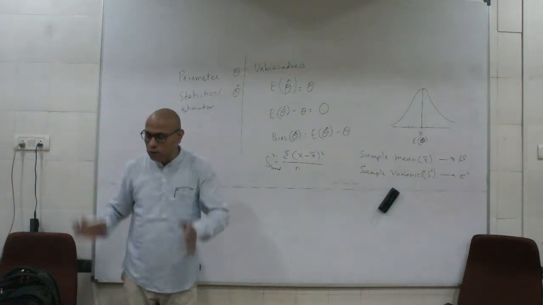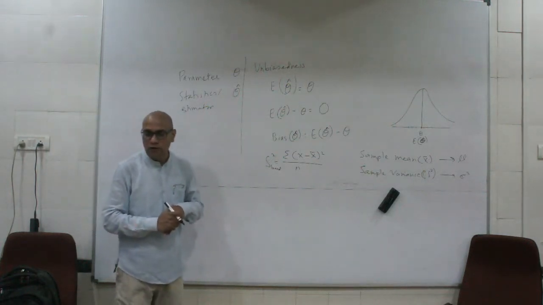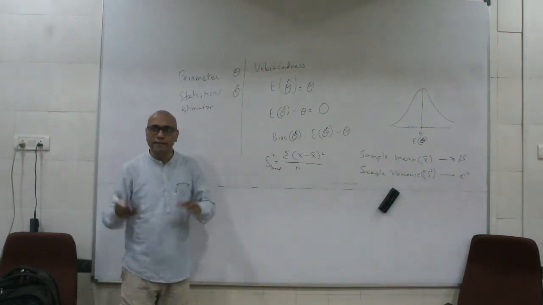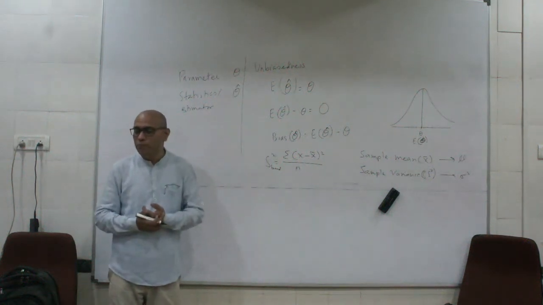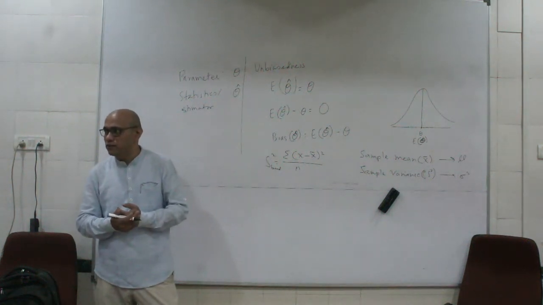Now, I'm not working out the proof of the magnitude. How do I get the bias of it? But I can compute the bias that is there in this S square.